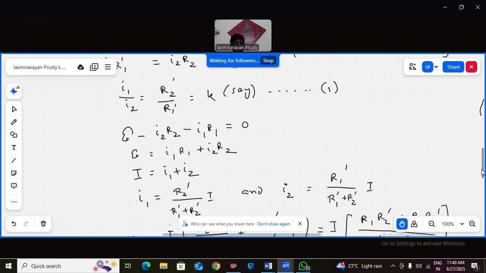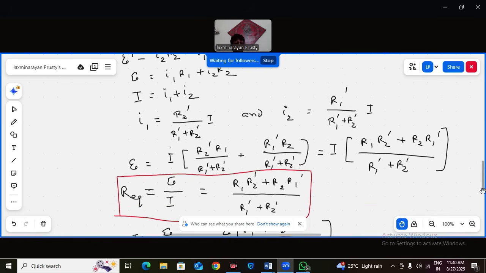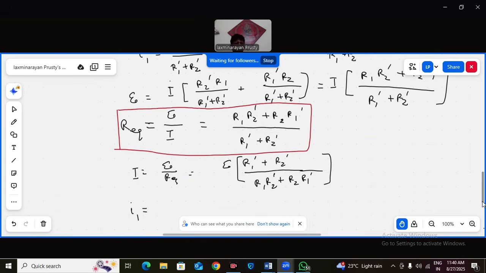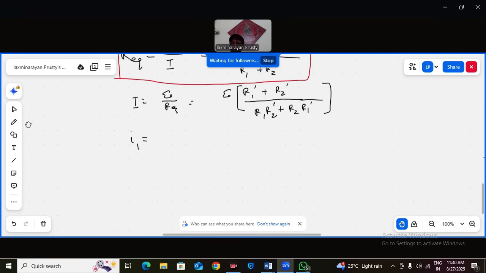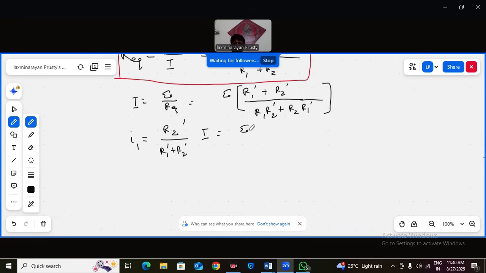So I1 is R2 dash by R1 dash plus R2 dash into I, that is E, R2 dash by R1 R2 dash plus R2 R1 dash.